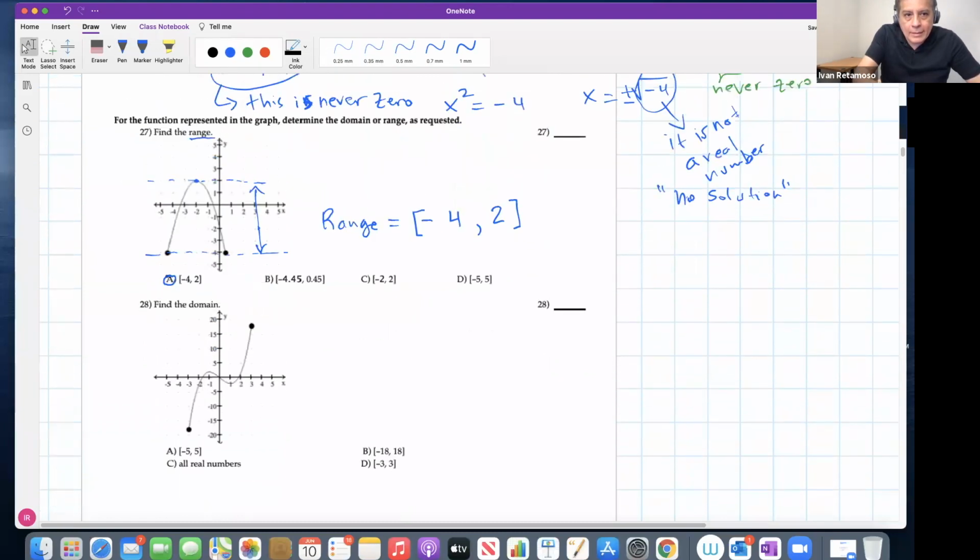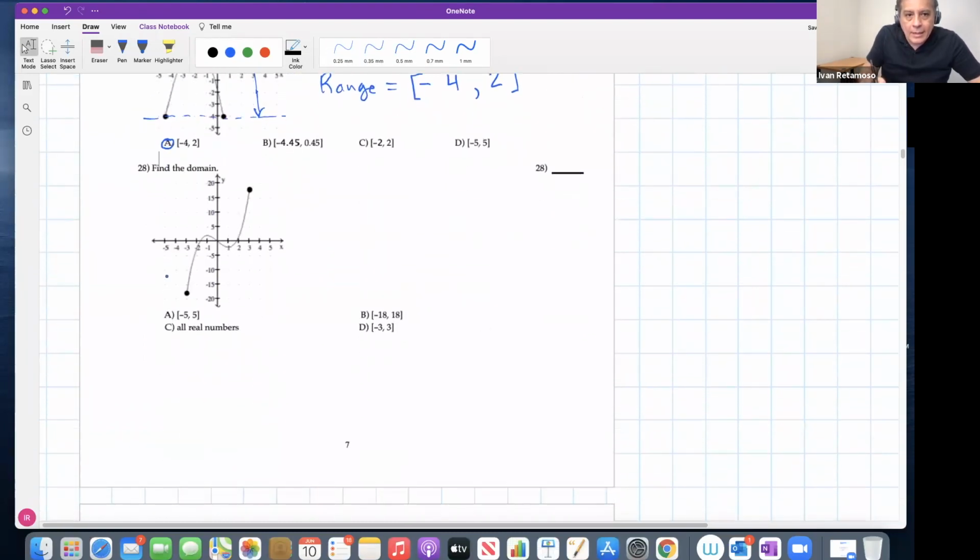Number 28. Again, look at what they're asking here, the domain this time. For a domain, you have to look at how far you can go to the right and how far you can go to the left. It's the interval determined by the lowest input value and the largest input value.